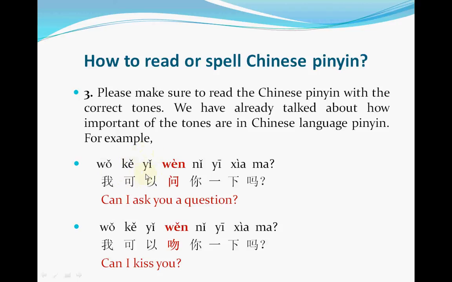This is a whole syllable. You just spell it directly with tones. E. Wu and wen. Ni.